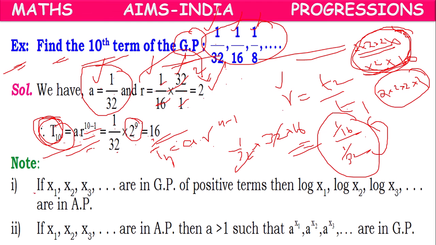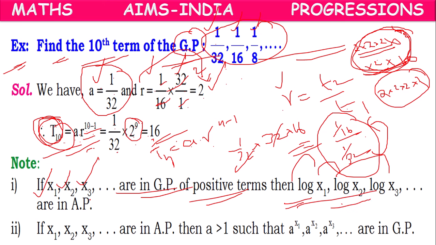So next, if x1, x2, x3 are in GP of positive terms, then log x1, log x2, log x3, that means if we take logarithms of the terms, the resulting sequence will also be in AP. Regarding this, you can learn later in your higher classes.